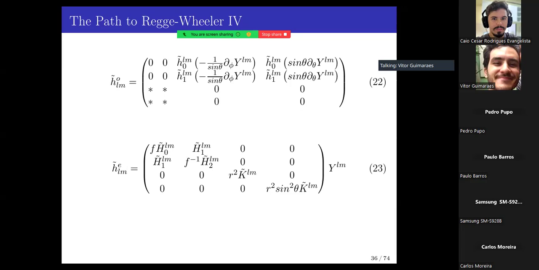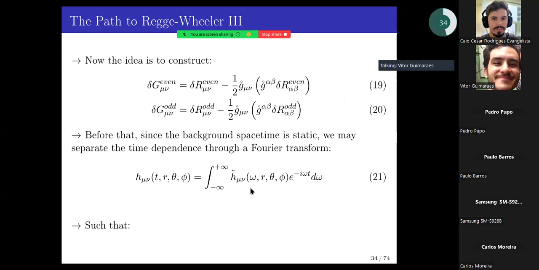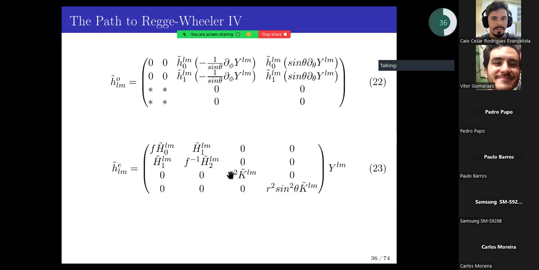Okay. But so this will be the transformed version of the perturbations, the Fourier transformed versions, right? These Fourier transformed versions have a dependence on omega instead of t. These are the functions that we will use, okay?